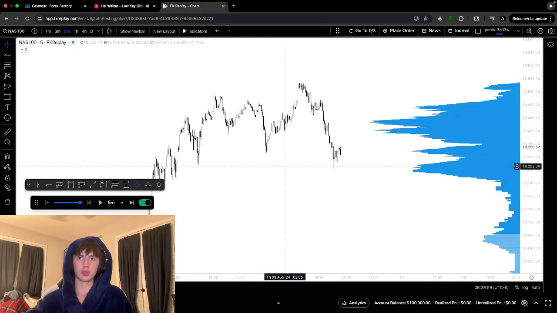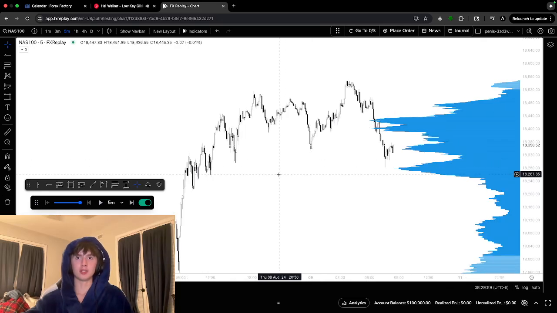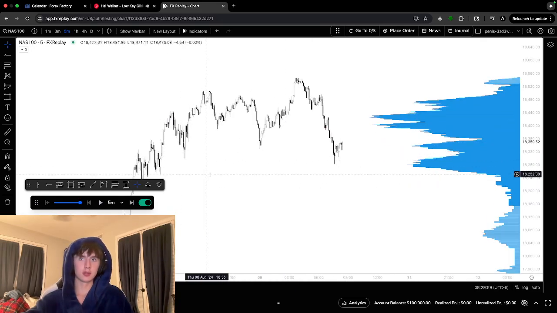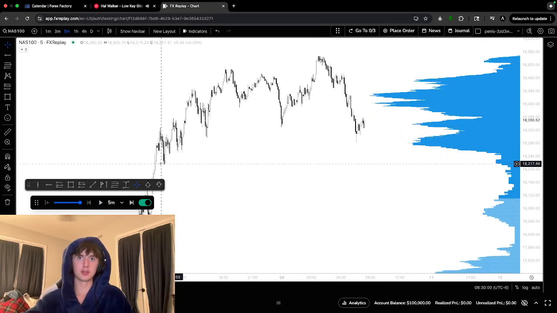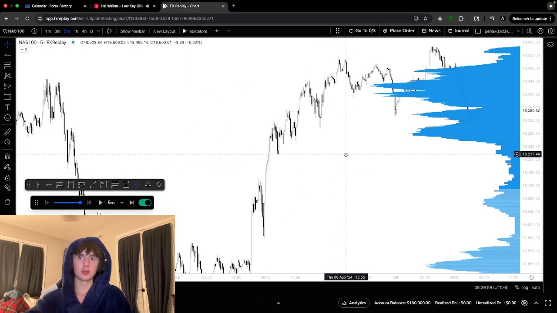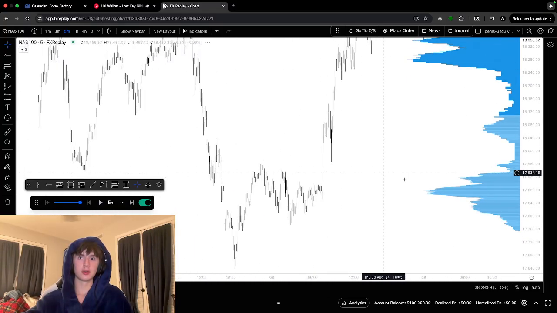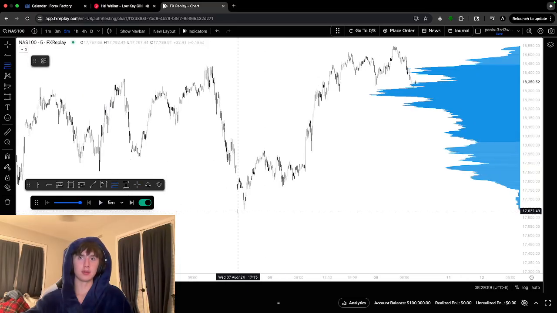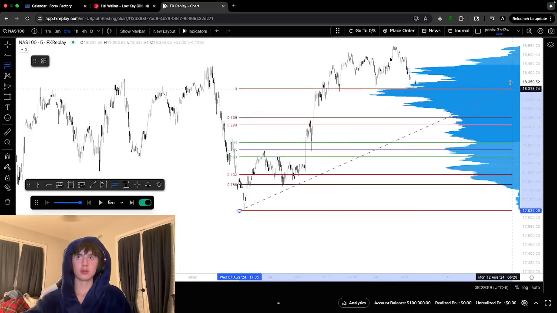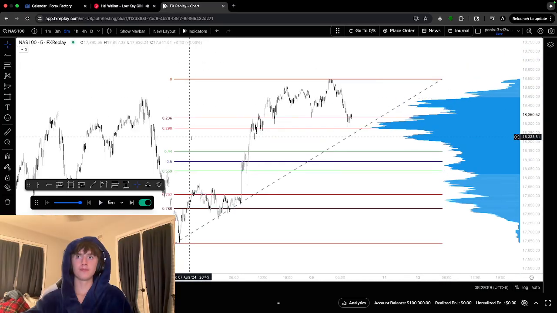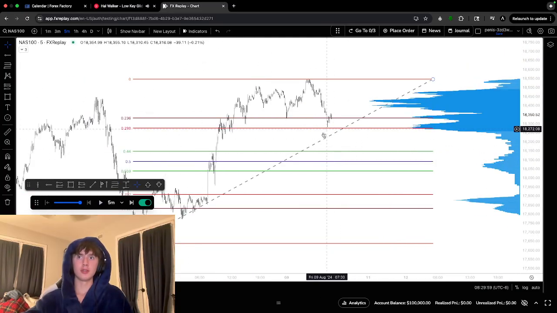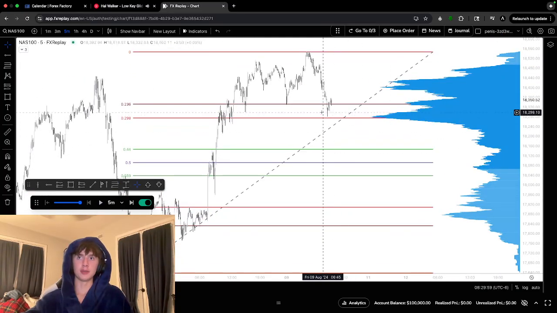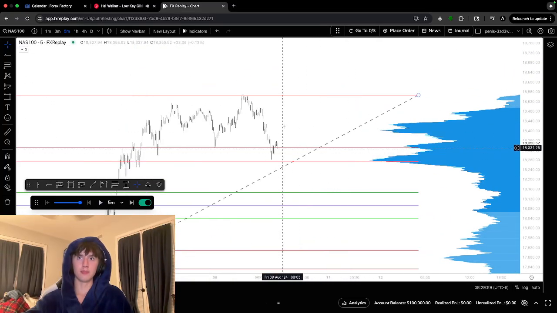Alright, we just took out these lows. And these lows. We have a massive... this is a good opportunity for, sometimes it would just come down, touch it, go back up.